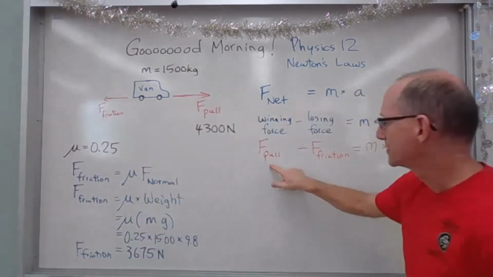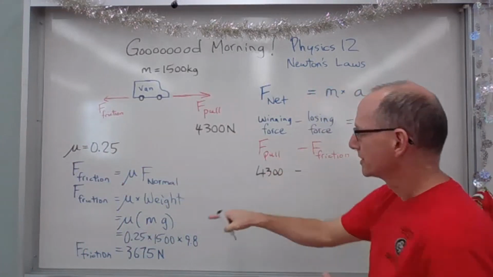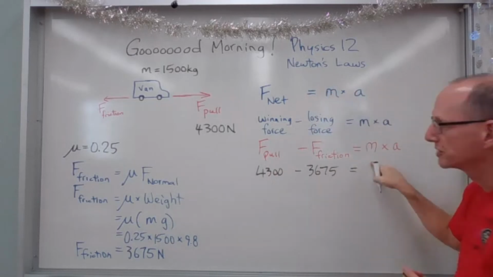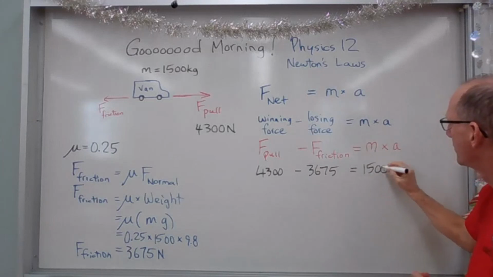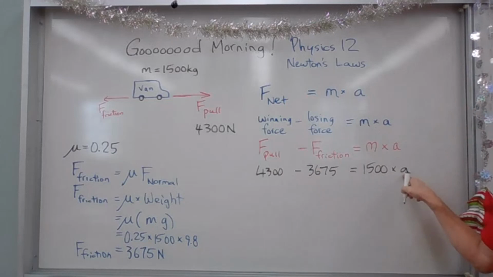If that's the case, then we've got 4,300 newtons minus 3,675 newtons is equal to the mass of the Caravan, which in this case is 1,500, times a. So we get newtons, kilograms. This will turn out to be in meters per second squared.